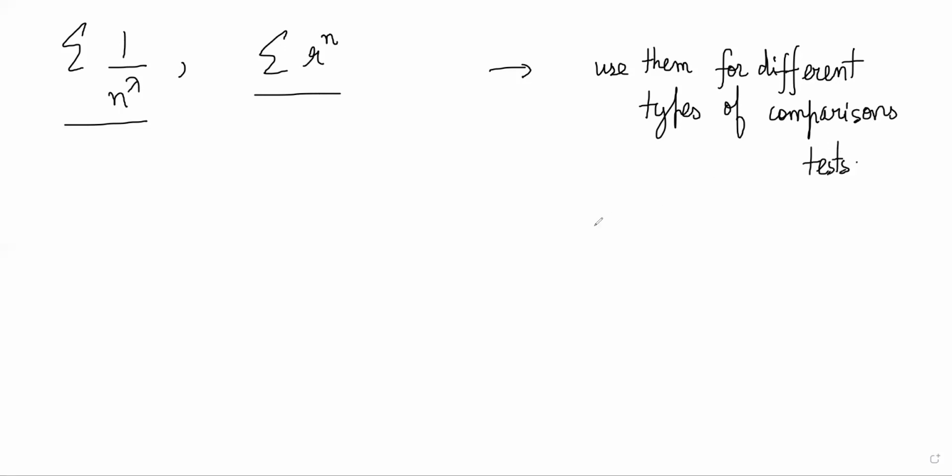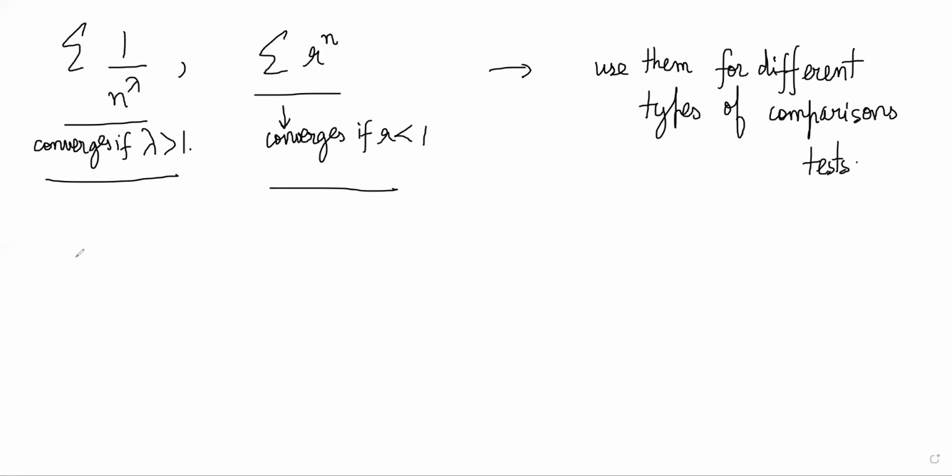And we will look at some theorems. We talk about how to test for convergence by comparing different series. Like we know right now that this converges if r is less than 1. And this converges if lambda greater than 1. Right? Right. Now you will use this information in different convergence tests.